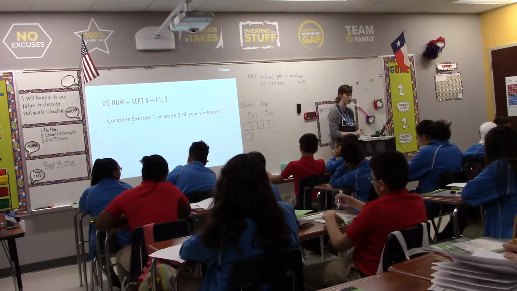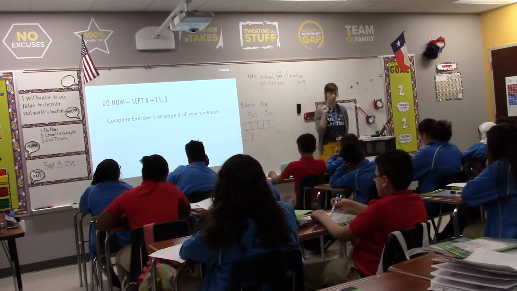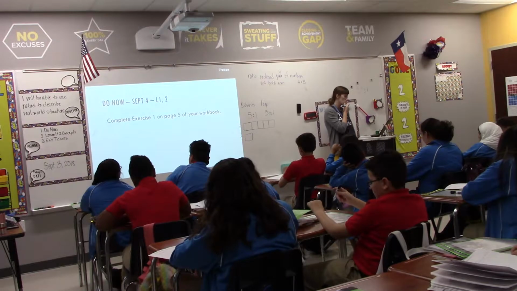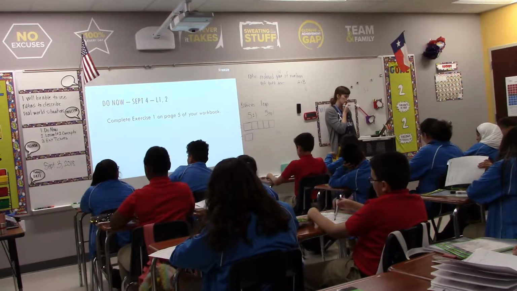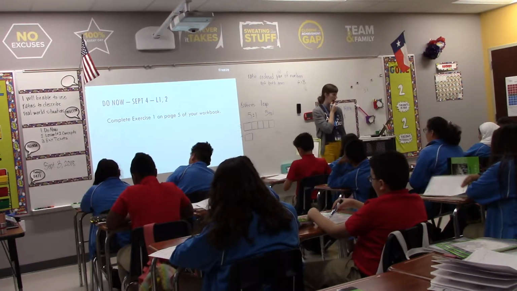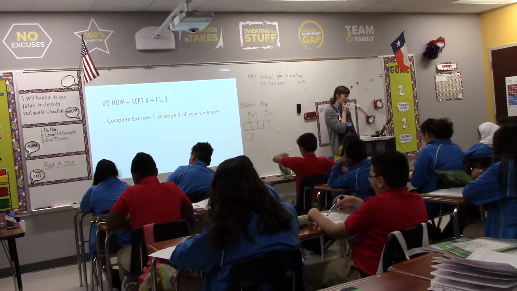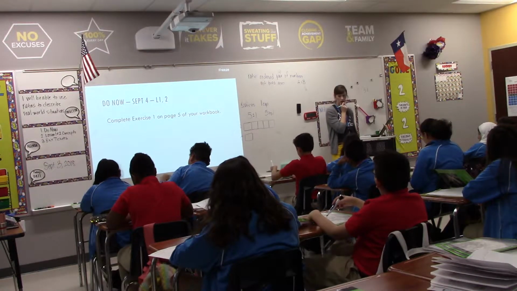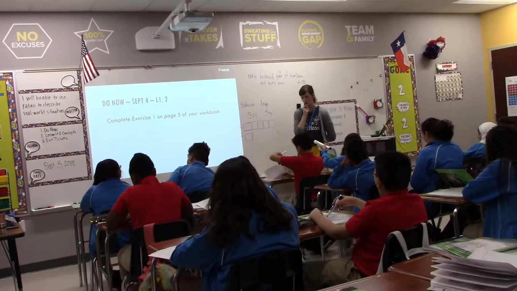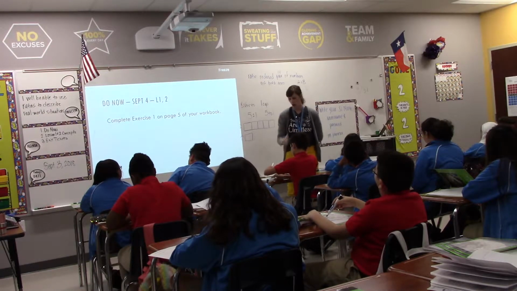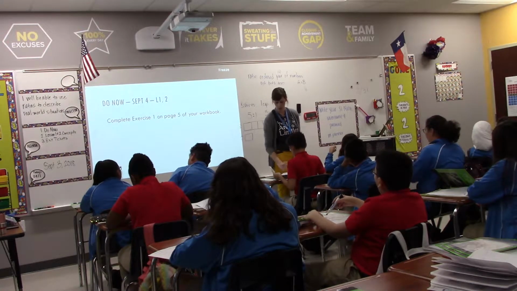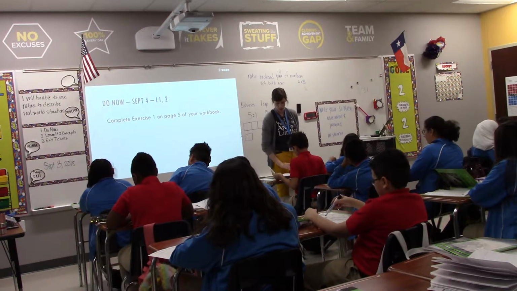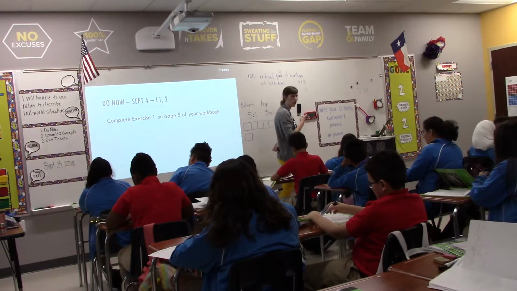Okay, let's talk about your do now. I'm going to leave this up. The co-ed soccer team has 4 times as many boys on it as it has girls. Let's move to lesson 1, on page 1.